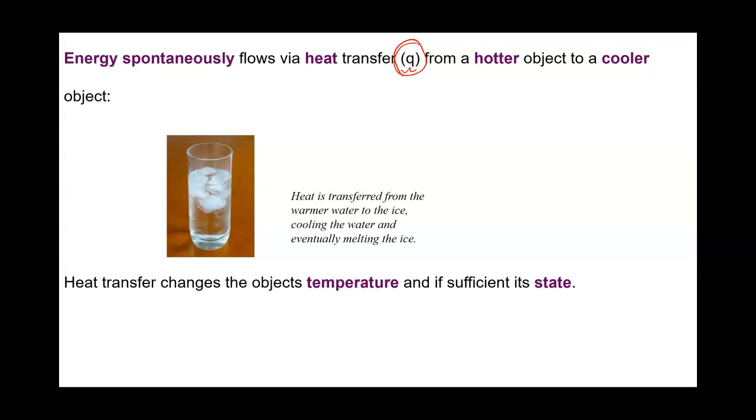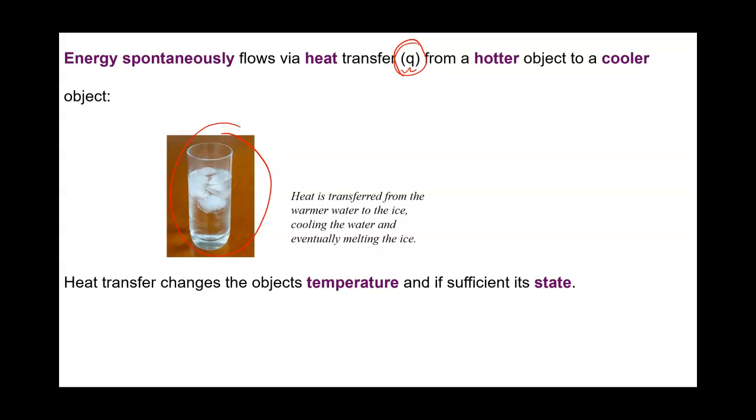So it always goes from the hot thing to the cool thing, warming up the cooler thing and cooling down the hotter thing. So if you have a glass of water and you put some ice cubes in it, heat will move from the water into the ice. And if you transfer enough heat out of the water, you might eventually melt the ice.